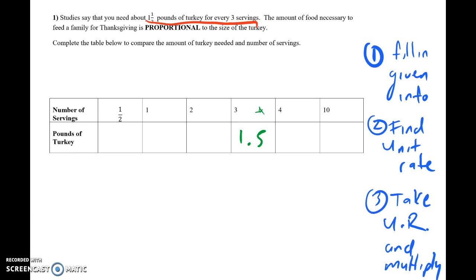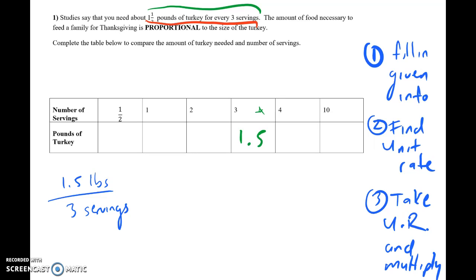Okay? So you take this information and you're going to find the unit rate. By going back to this ratio that we found, we could write it as a ratio, and the ratio that we get is going to be 1.5 pounds to 3 servings. Okay?